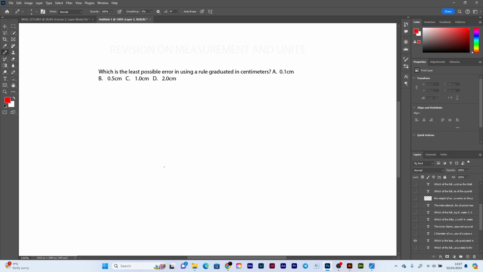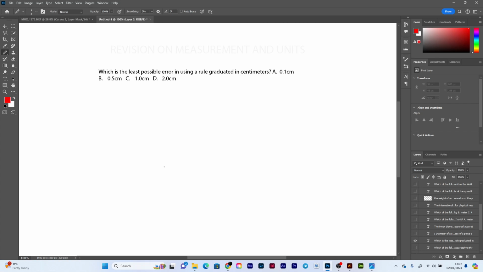You might mistake it for a rule graduated in millimeter. When a rule is graduated in centimeter, that simply means that the smallest unit on that particular rule is 1 centimeter. If it is graduated in millimeter, the smallest graduation on such a rule is going to be 1 millimeter. And for you to know the least possible error, you just divide what?